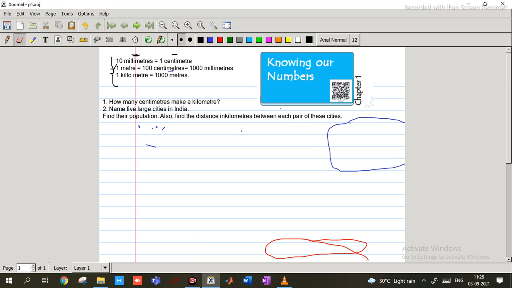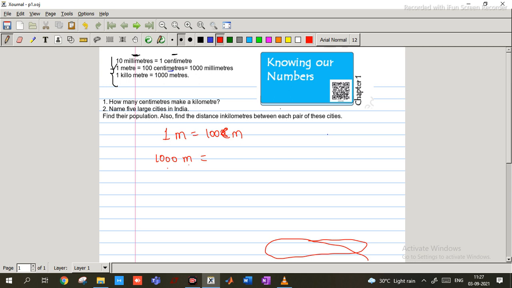Right. So now let's move on to some further. We understood that 1 centimeter makes 10 millimeter, right? So what will 1000 centimeter make?